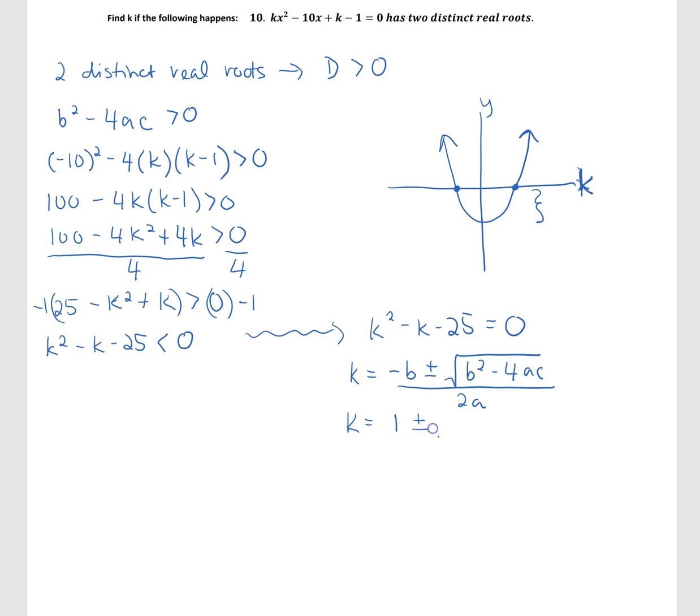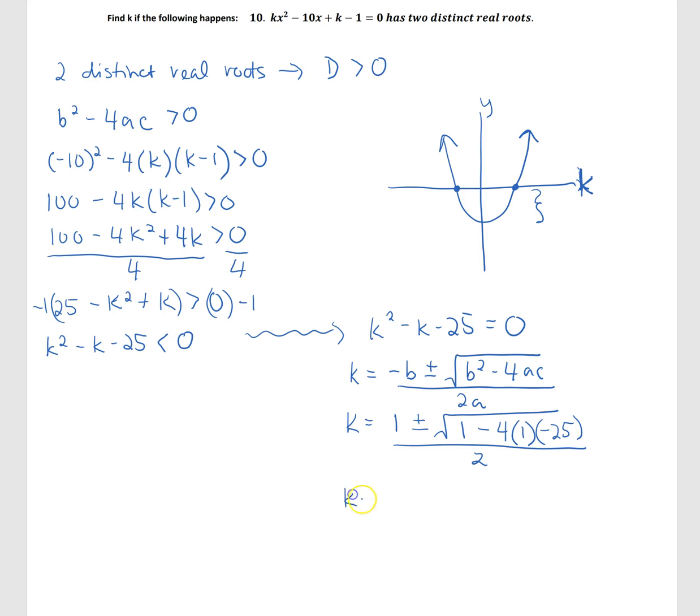Then we have plus or minus the square root of b squared, which is again negative 1 squared, which is just 1. 4a is just 4 times 1, the coefficient on k squared. And c in this case is negative 25. And this is over 2 times a, which is 2 times 1, so it's just 2 on the bottom.